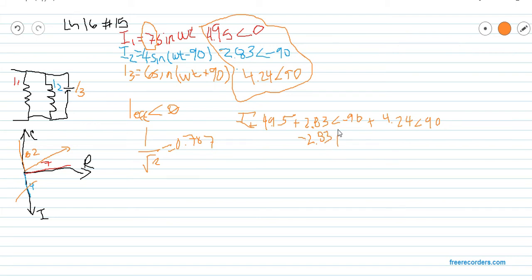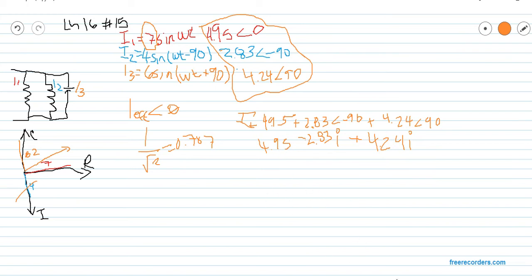So 2.83 I negative because it's negative 90, and this one's going to be exactly the same thing, 4.24 I, but in the positive direction. This 4.95 is just 4.95 because it goes straight across.